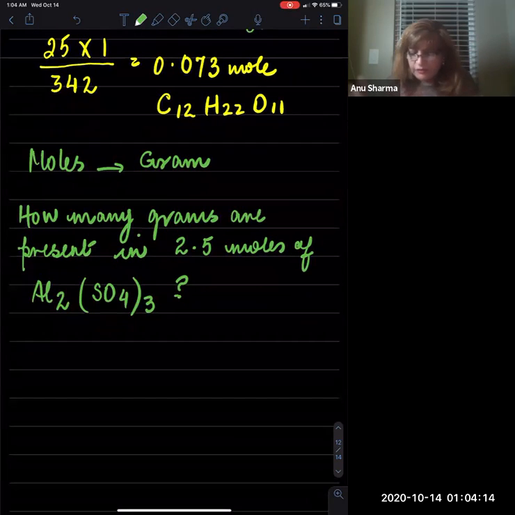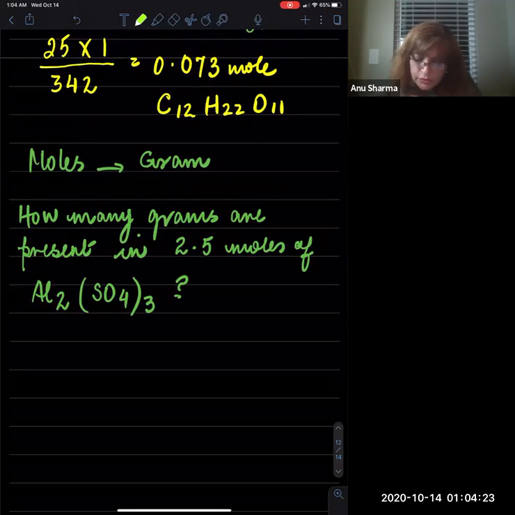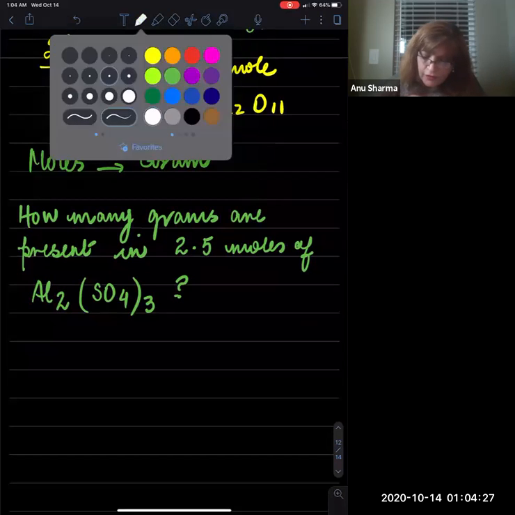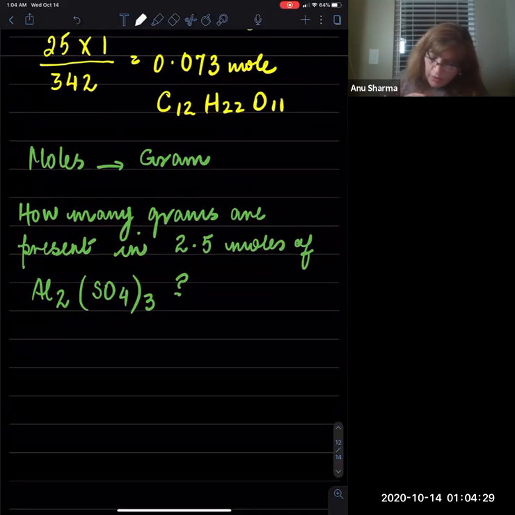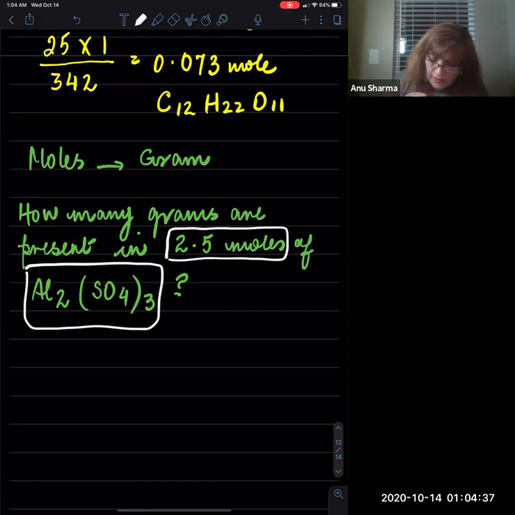Okay, how many grams are present in 2.5 moles of aluminum sulfate? That's an example. Okay, so here, first thing in this case also is that we follow this roadmap. You are given 2.5 moles. The entity that is in question is aluminum sulfate. How many grams? This is what we are trying to find.